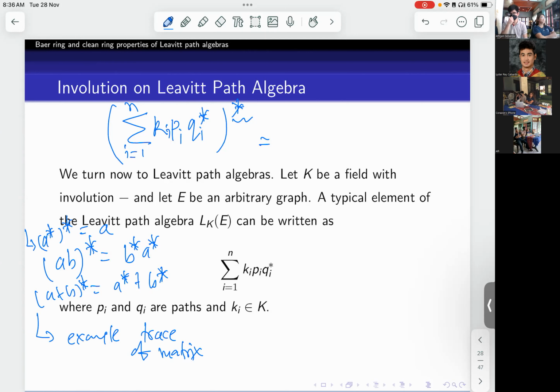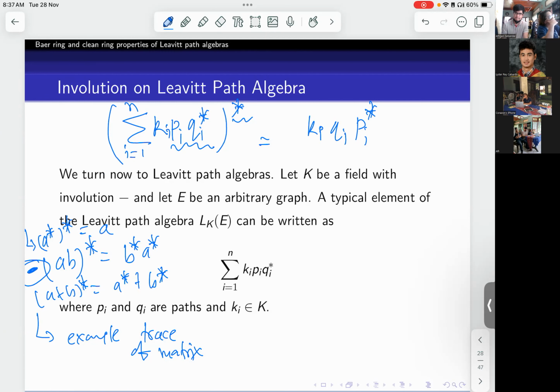So if I were to take the involution on this, that would be q_i p_i star. There should also be an involution on K. Fields are also rings, so they would also have involution.